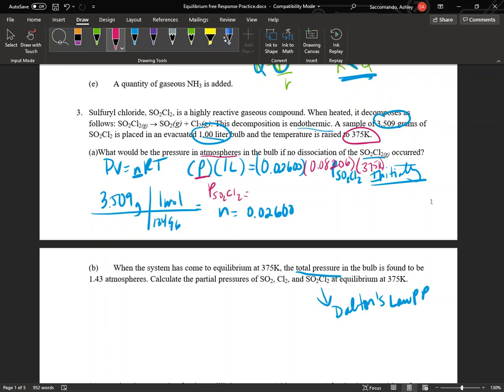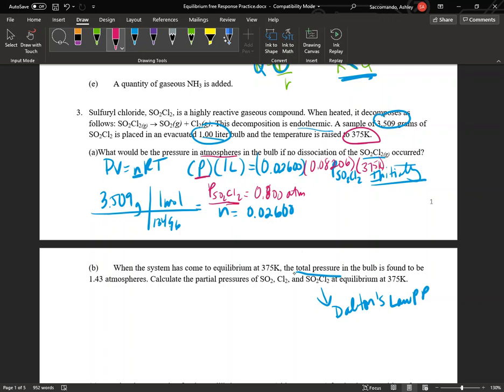We get 0.026 times 0.08206 times the 375. All right, so this is giving me 0.800 for my atmospheres. That's a terrible 8, but that's basically what we got there. So this is my initial partial pressure.